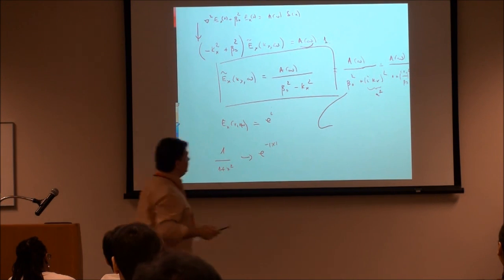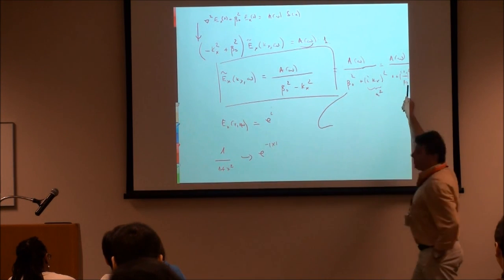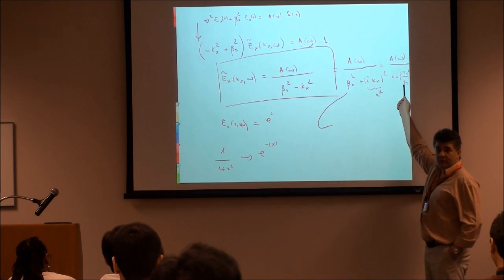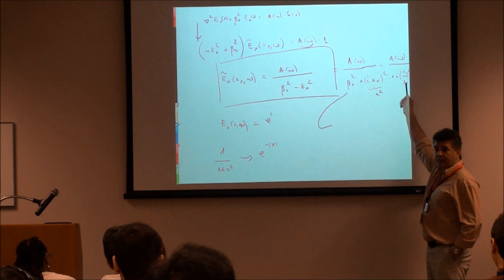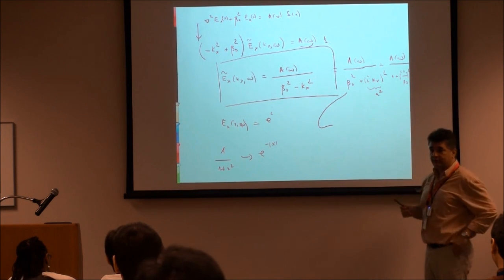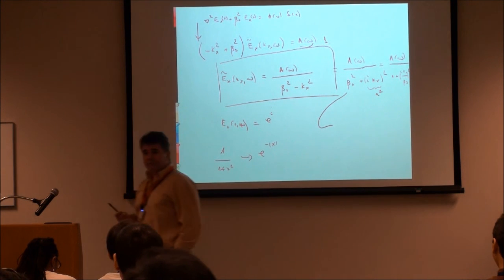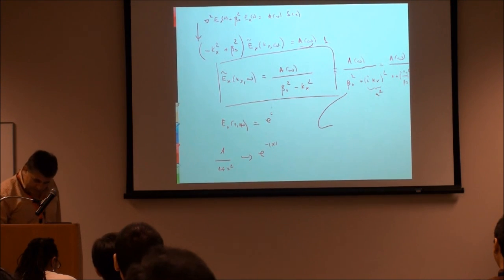So you see it's a Lorentzian that has a width beta naught. You with me? Whatever I put at the bottom here of the variable gives me the width of that function, right? So this comes up due to our similarity theorem. And it's much easier when you know the result, isn't it?